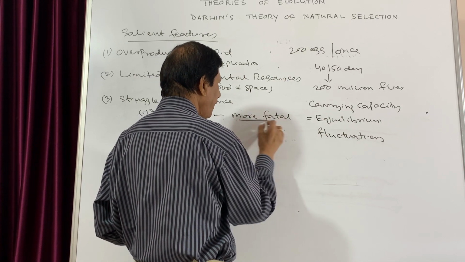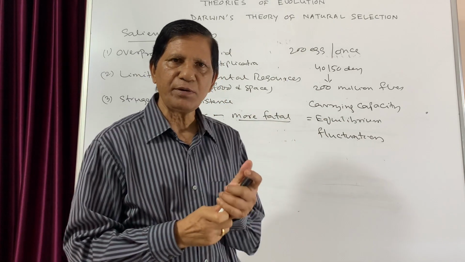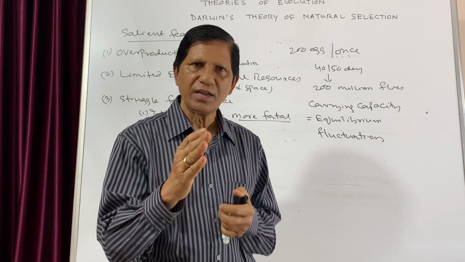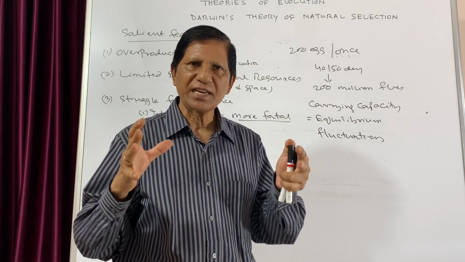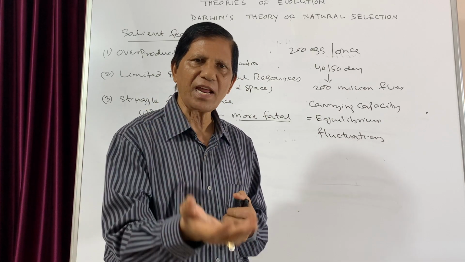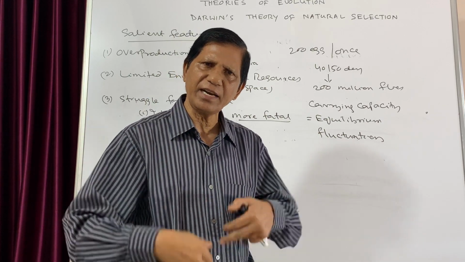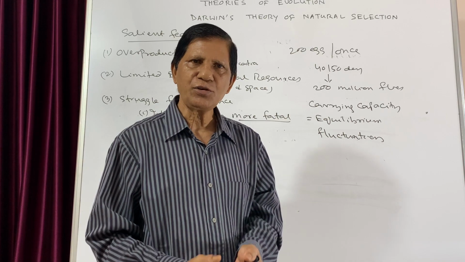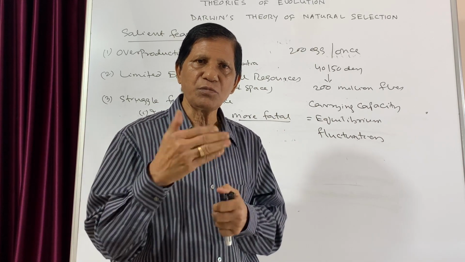Why is it more fatal? Because the individuals of the same species have the same ecological need. They demand the same type of food, same type of shelter; their requirement is the same. That is why the intraspecific struggle is more.